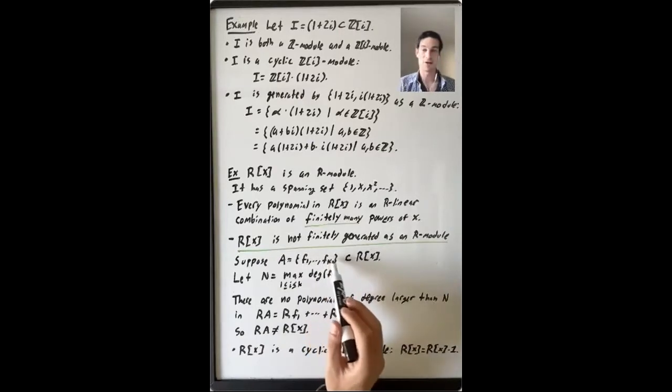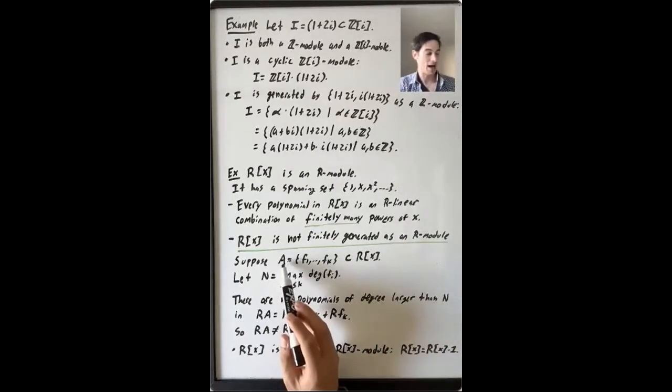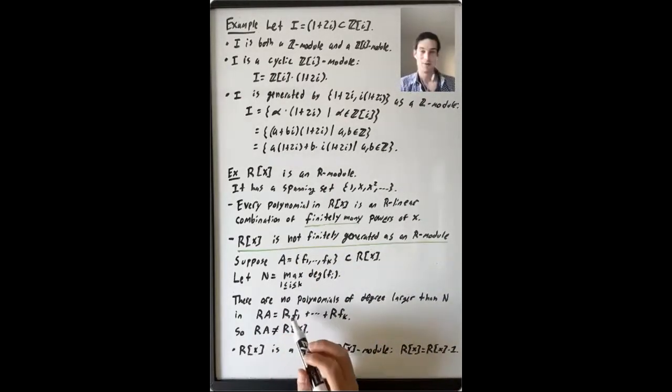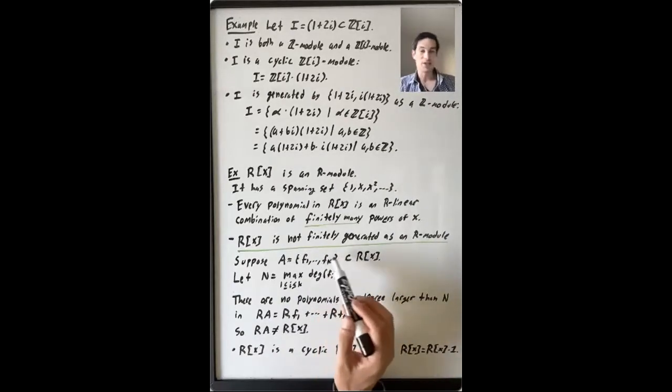So the maximum of all these degrees, since each polynomial has a degree. Take the largest one. And if you look at the R submodule of R bracket X spanned by this set A, that is R times f1 plus R times f2 plus up to R times fk. We're taking linear combinations of these elements with coefficients in R.